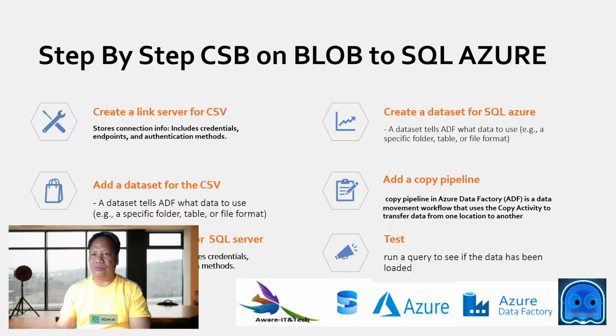we are going to copy or ETL data. It's a very common practice in the cloud, if it's purely cloud, that you drop a CSV, comma separated values file, into blob storage, CSV to SQL.